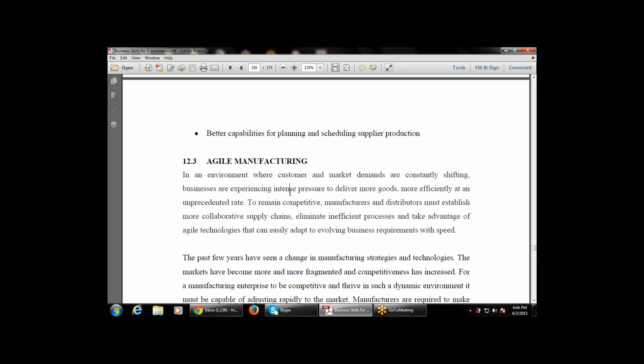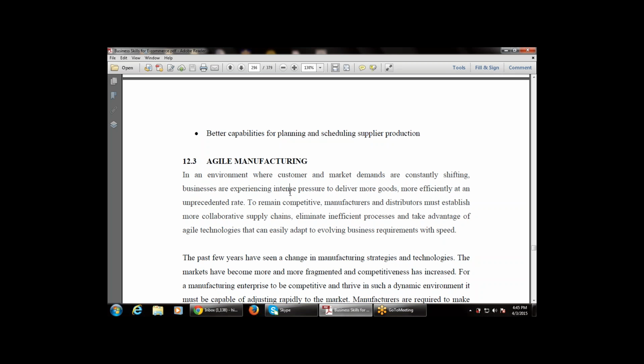Customer and market demands are changing every day, every minute. So businesses have difficulty delivering goods in a proper manner, saving time, at a lower rate.